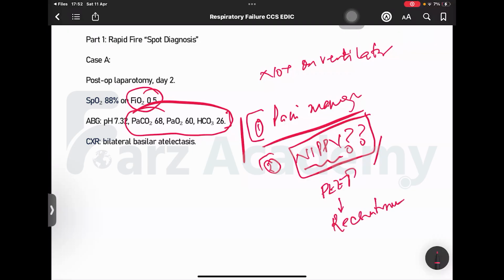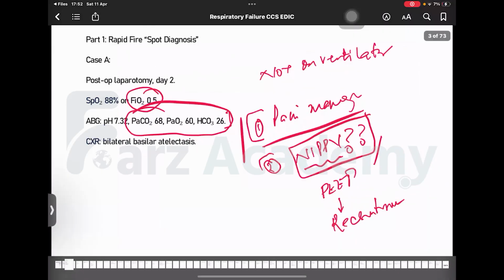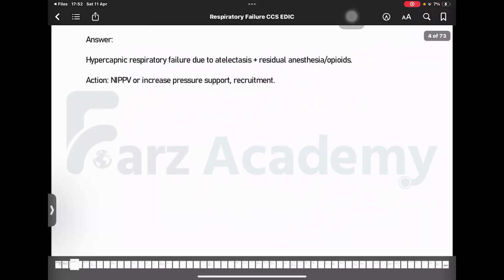Is that clear? So the logical answer is that this is hypercapnic respiratory failure due to atelectasis, due to residual anesthesia or opioids, and certainly due to pain also. So the action is to utilize NIPPV or increase the pressure support if already on NIPPV, and of course help in recruitment.